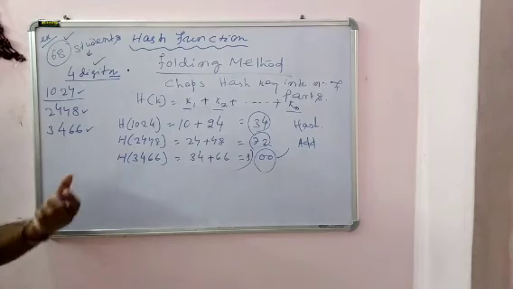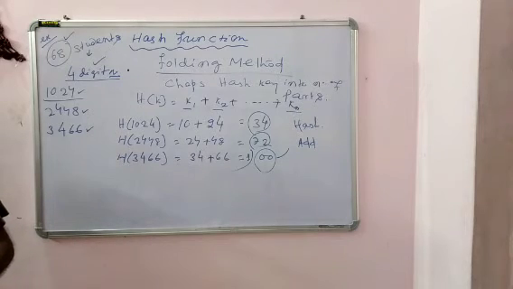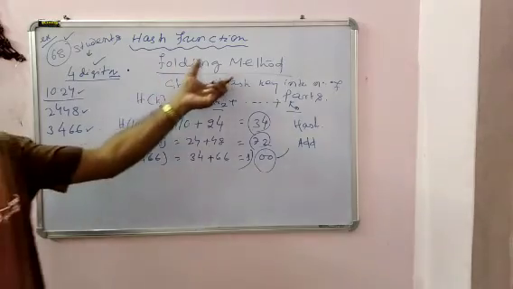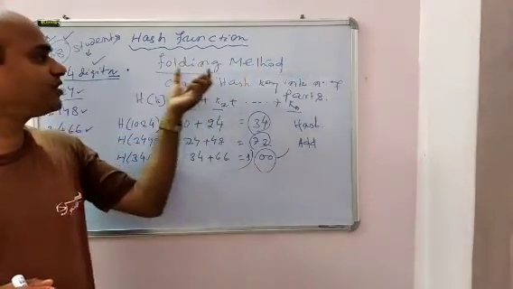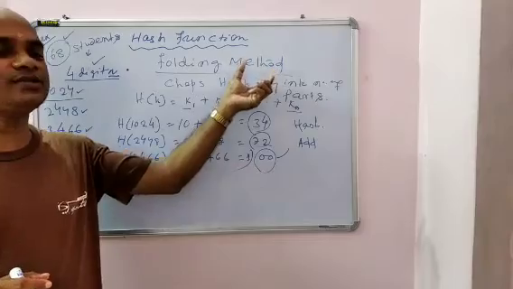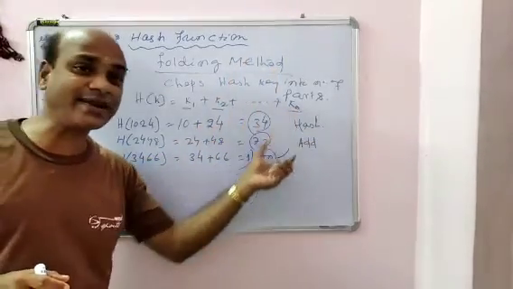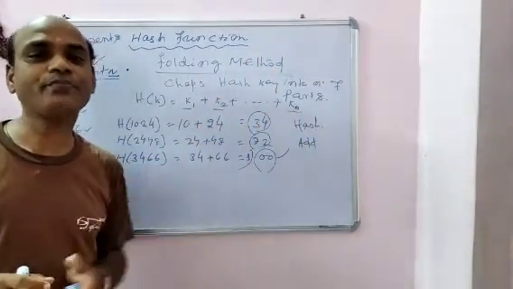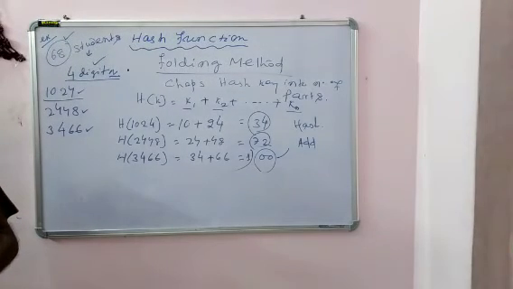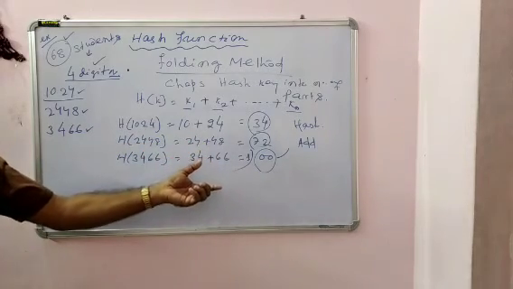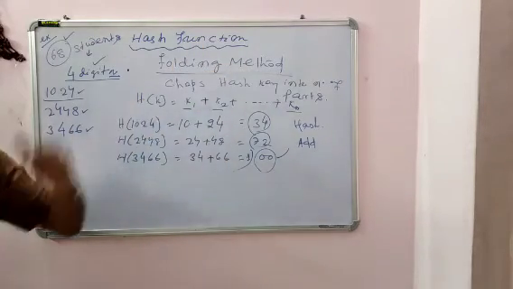Now we observe that each hash algorithm results in different hash addresses. Different methods, different hash functions provide different hash addresses for the same student roll number or same key value. So different students have different storage addresses whenever we apply different hash functions.